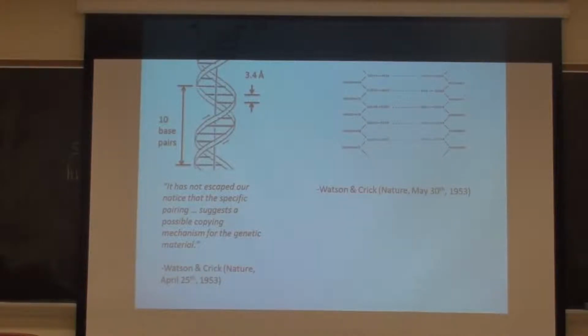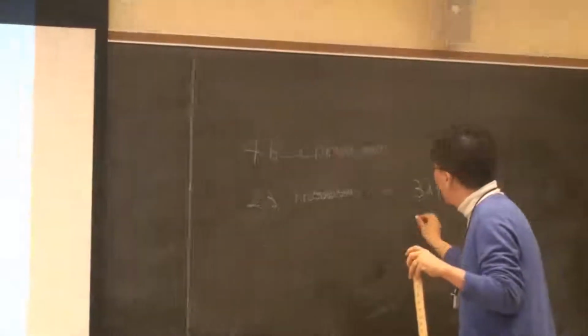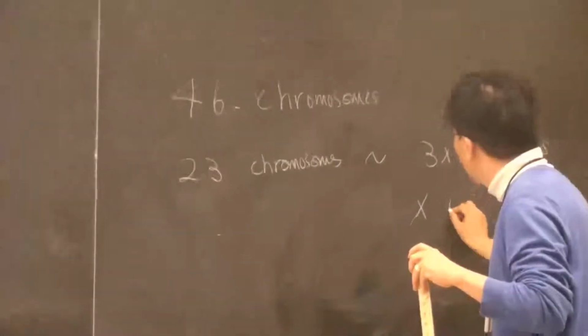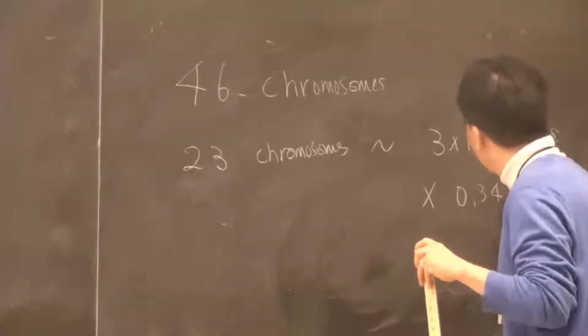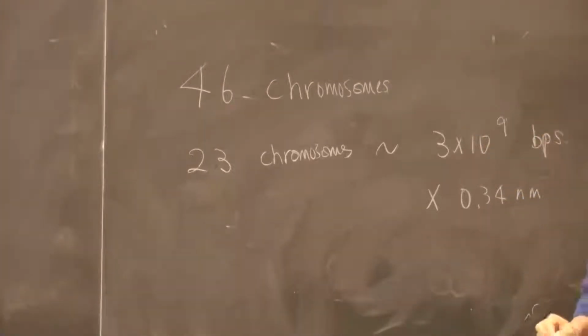So 23 chromosomes is about 3 billion base pairs, times 0.34 nanometers.